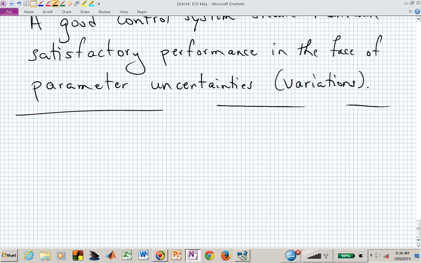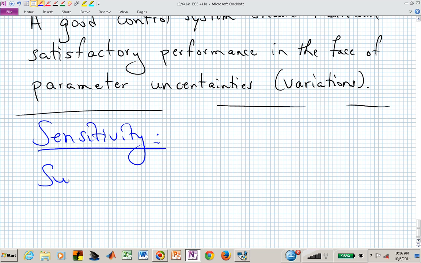Here's sensitivity. Suppose the system, I guess I should be writing with green because now I'm talking about the plant. The plant is our system.